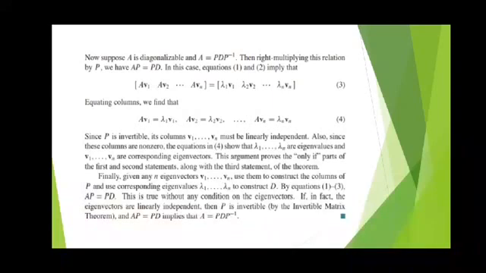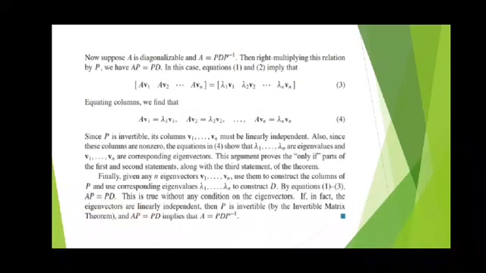Since P is invertible, its columns V1 through Vn must be linearly independent. Also, since these columns are non-zero, the equations in 4 show that lambda 1 through lambda n are eigenvalues, and V1 through Vn are corresponding eigenvectors.